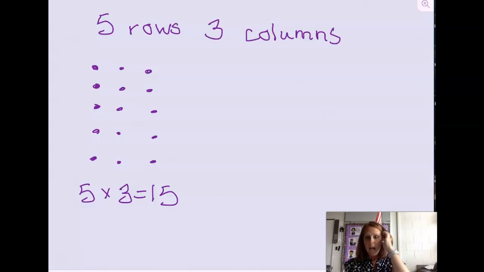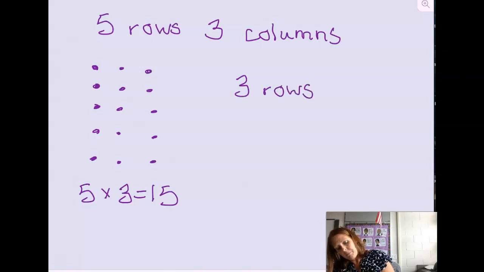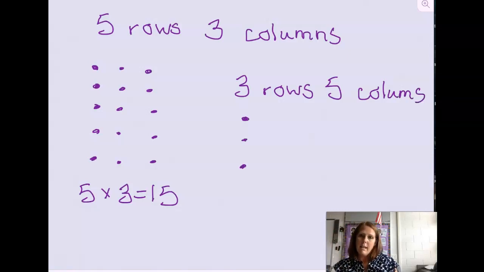Excellent. Now we're going to rotate that array and we're going to flip it. Instead of 5 rows and 3 columns, we're going to do 3 rows, sorry, my pen stopped, 3 rows and 5 columns. So 1, 2, there are my 3 rows. I set that up.